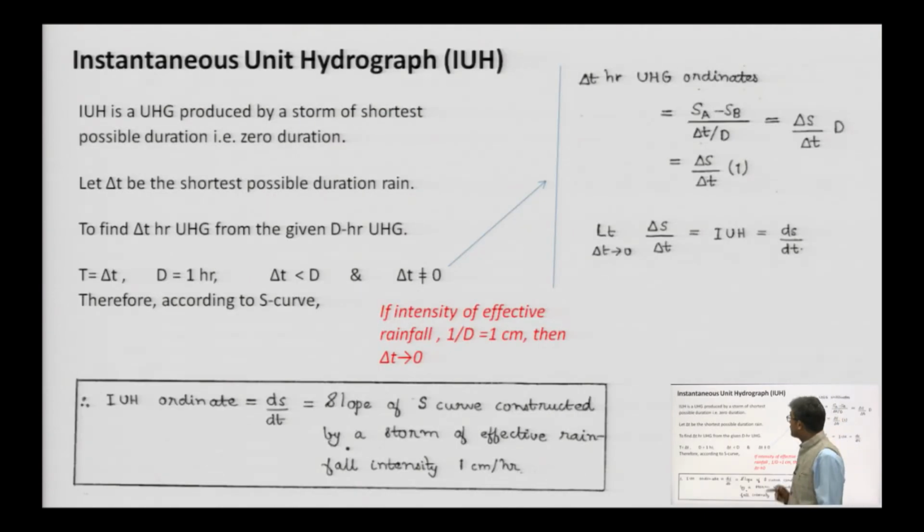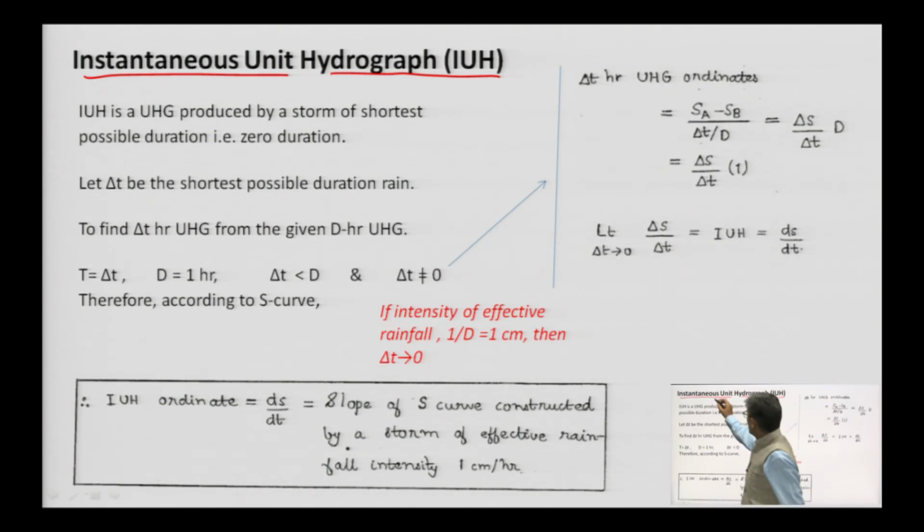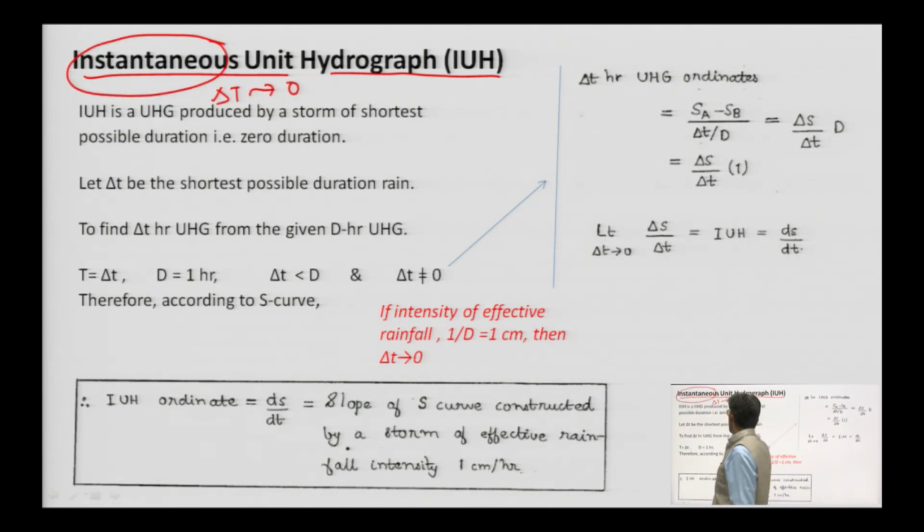Come to the next topic, the next type of hydrograph, the instantaneous unit hydrograph. What is that? What is the meaning of this? Its meaning is that T tends to 0. If the duration of the storm is 0, what will be the shape of the hydrograph?